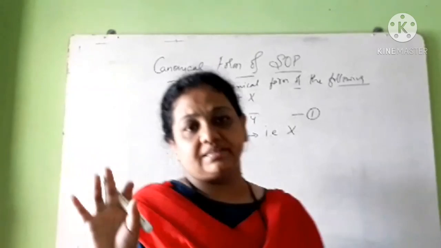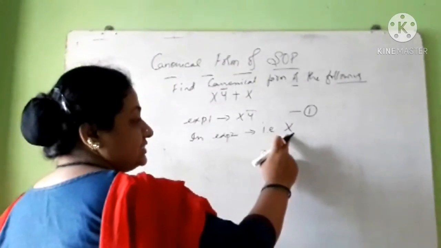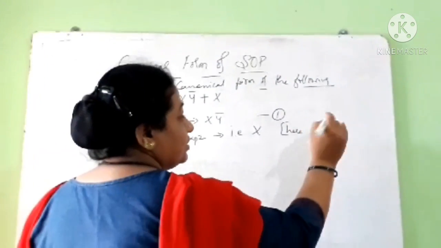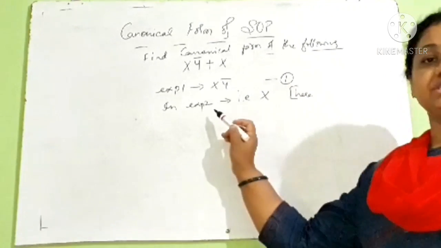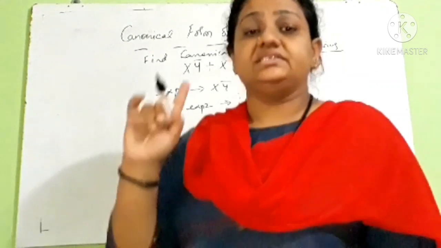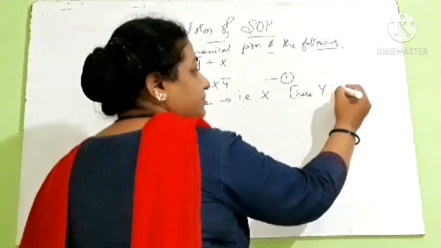Expression 1 is no problem, both the variables are there. But in expression 2, that is x, the second variable is missing. Here y is missing.